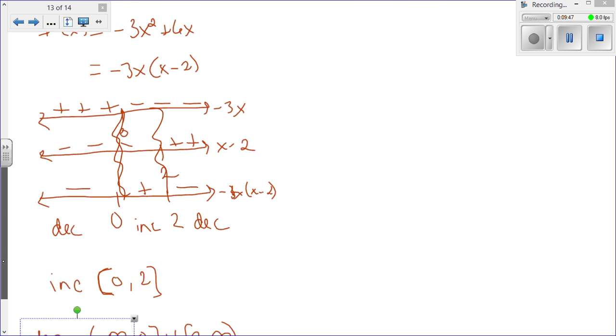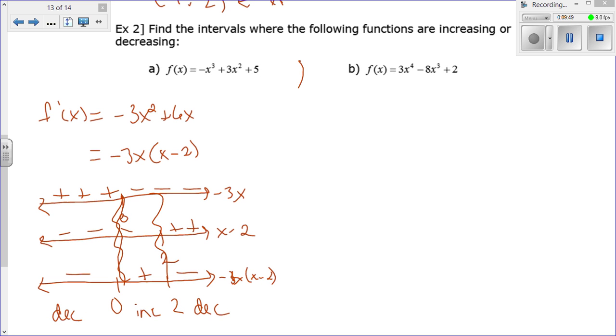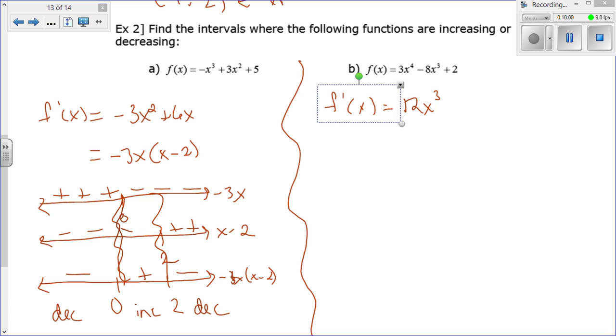Alright, going back up to b, my first derivative is going to be 12x cubed minus 24x. Simplify it, factor it. 12x squared is my GCF.